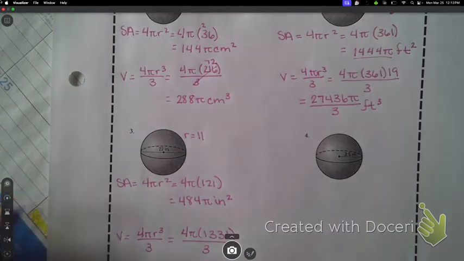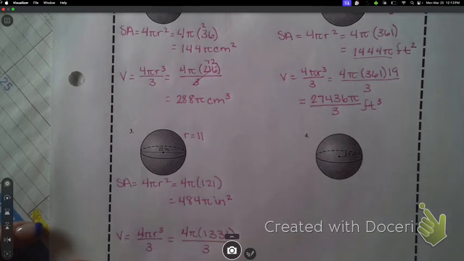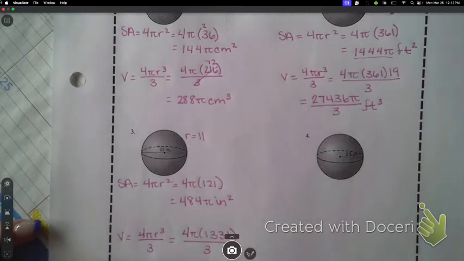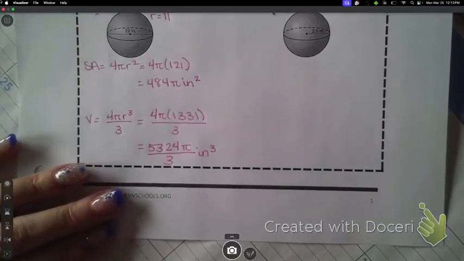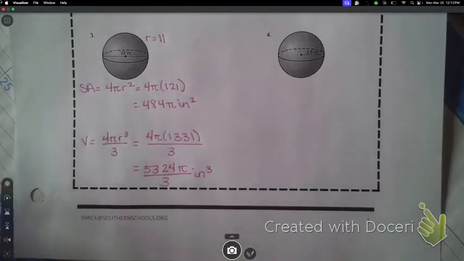And 3 does not go into 4, does it? Nope. And 1 plus 3 plus 3 plus 1 is 8. And 3 doesn't go into 8. So does 3 go into it? Nope. So I get 4, 2, 3, 5 pi over 3 inches cubed. Is that inches cubed? Yell at me when it's too far down there.